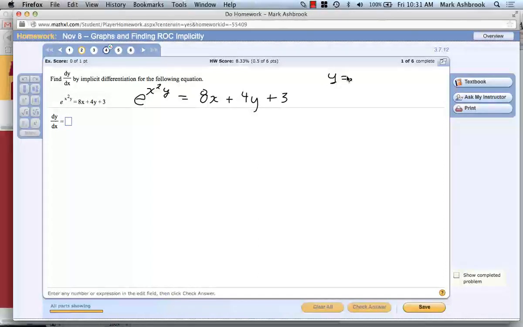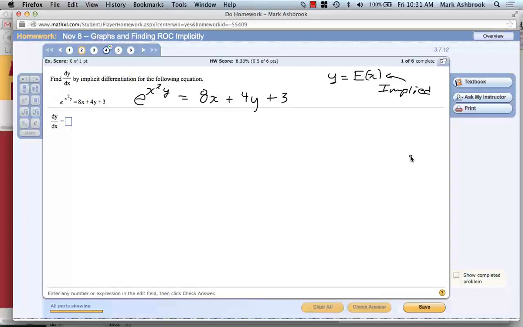And that's what we call an expression of x. So this is implied by this equation. It implies there is some expression of x that equals y. And so we call this an implicit function.